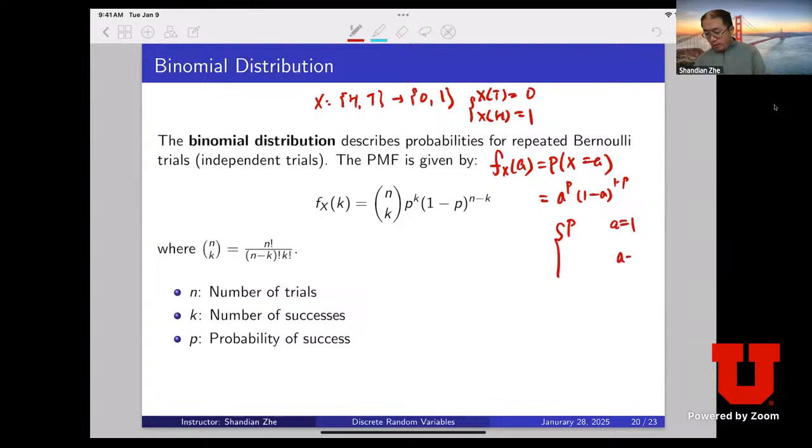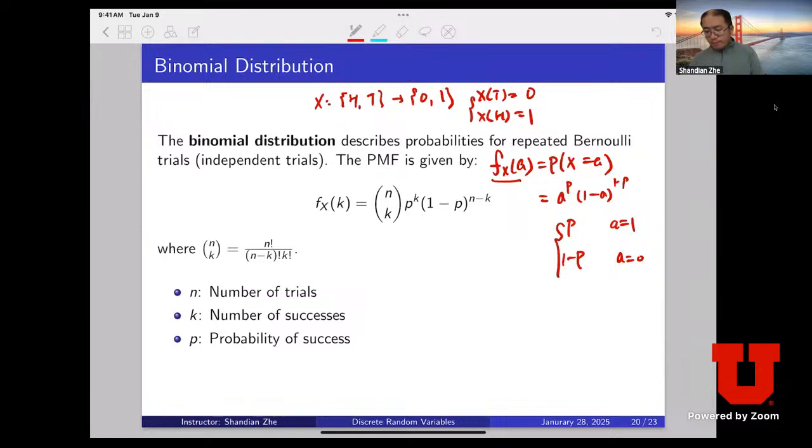When A is 0, the value of F at 0 is 1 minus P, right? So that's the definition of Bernoulli distribution, right? Everyone's comfortable, right? Hopefully everyone keeps this in mind because it's very fundamental, although it might seem a little bit simple, right?